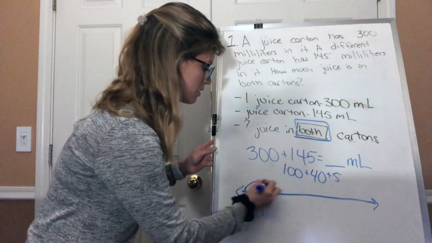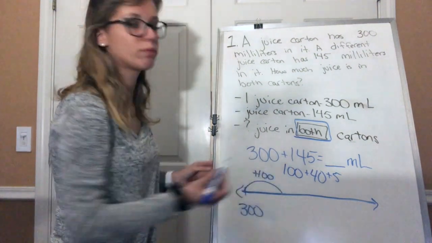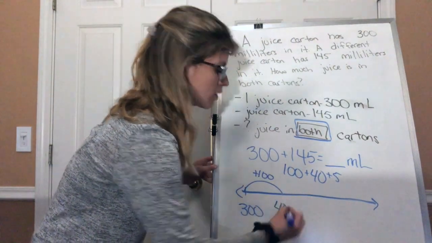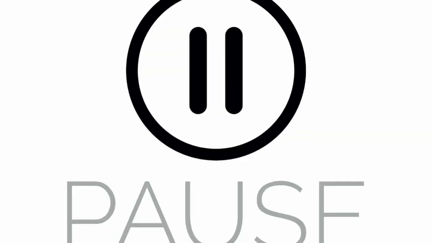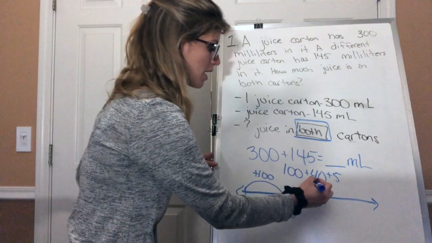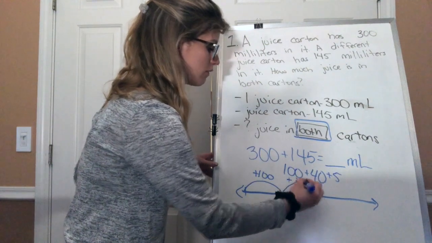I would then add my hundreds, so plus 100, and 300 plus 100 is 400. Pause me about what I would add now. I would now add my tens place, so plus 40.